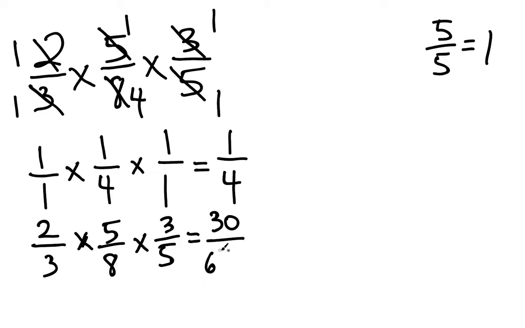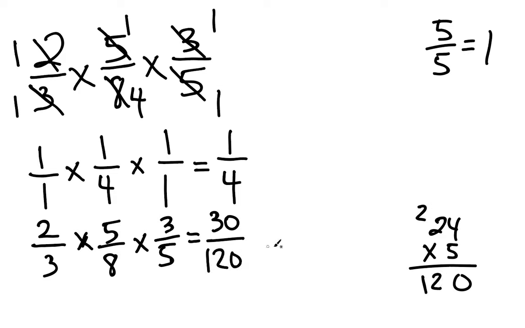Oh, excuse me, 120. 24 times 5. Well, let's double check because I seem to not have my facts together. That's 2, that's 10, that's 12. Exactly. So that's 120. I correct myself.